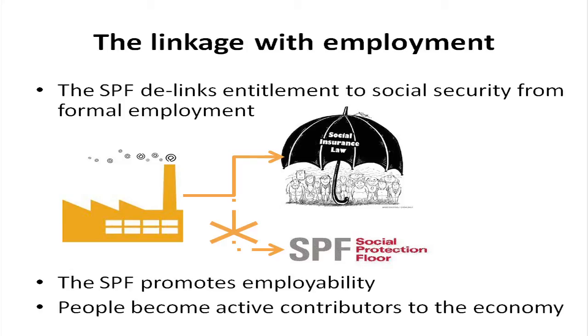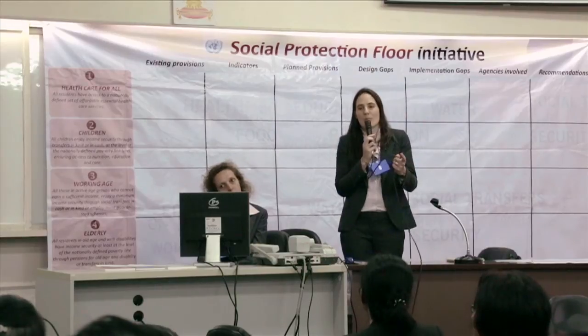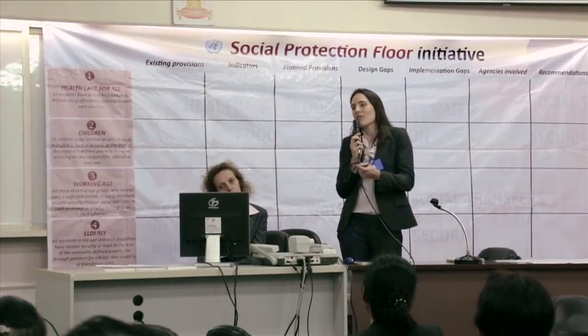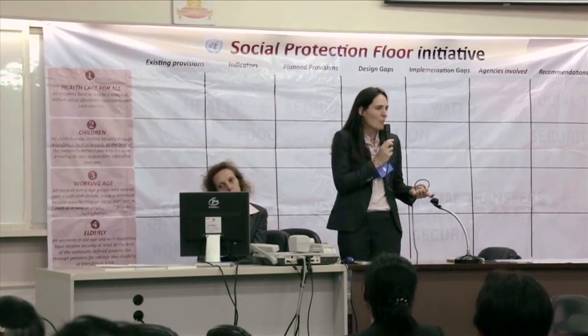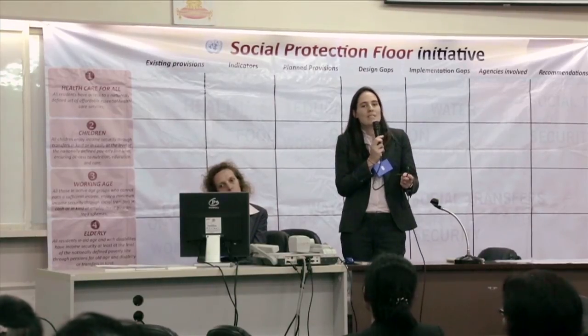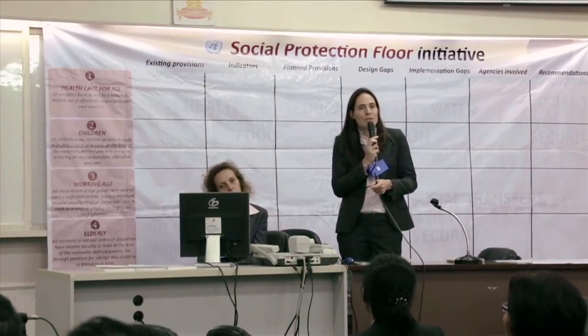Until we had this discussion with the consensus in 2001, the ILO, with Convention 102, and also other organizations working on social security were linking the benefits of social security to employment. It was mainly for persons covered by a contractual relationship with an employer and with schemes funded by employers' and workers' contributions.